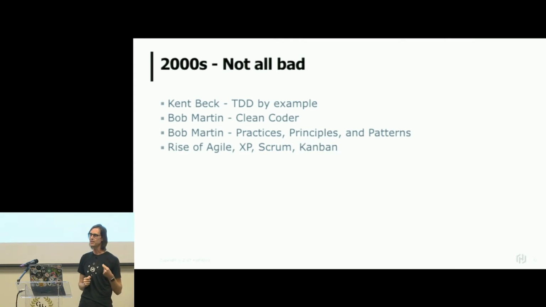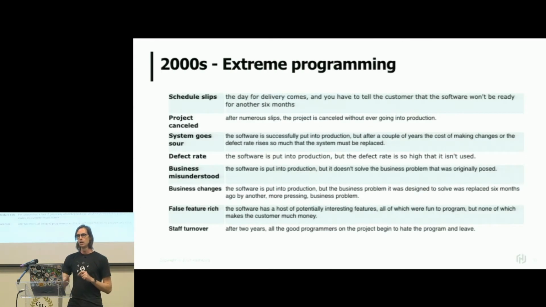So we started to get techniques like Agile, which obviously includes Scrum and Kanban, and XP. So again, this is a massive drive in improving the quality of our software. And Kent Beck, in Extreme Programming, analyzed and looked at these points and identified that these are areas where software was going wrong.